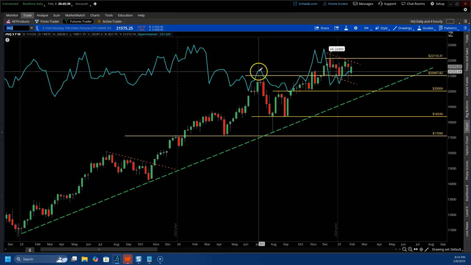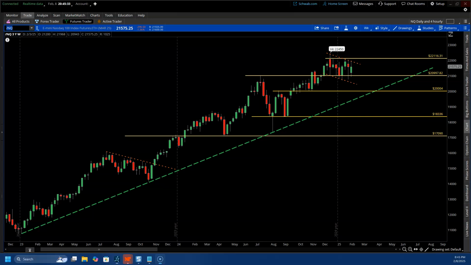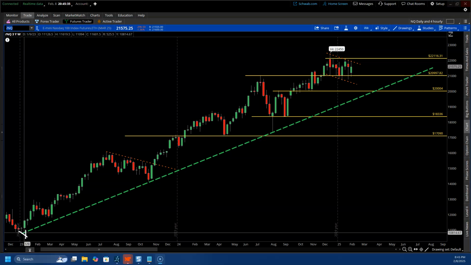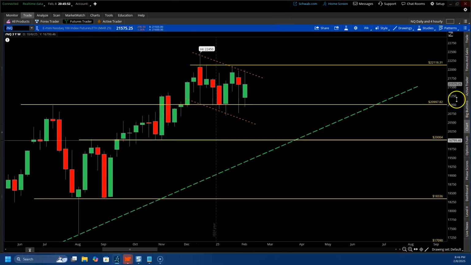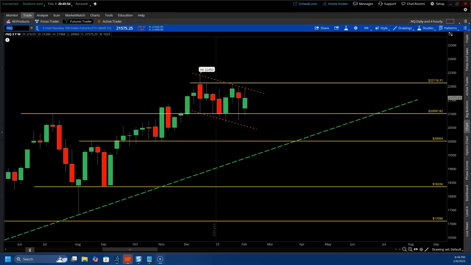So here's the weekly view of NQ, right? The uptrend line that started in late 2022, early 2023. We have seen one, two, and could be the third one coming now. Well, at some point we will see that touch. We don't know just when, but right now it looks like, if I zoom in a little bit, this support level, right?